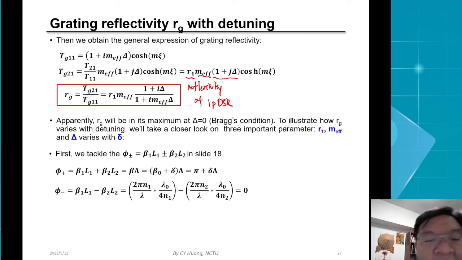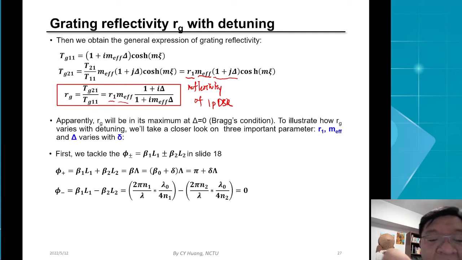So the final expression is TG21 divided by TG11 will be R1 times MEFF times 1 plus i delta divided by 1 plus i MEFF delta.